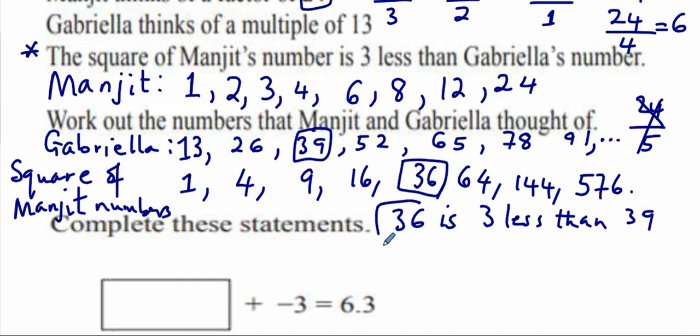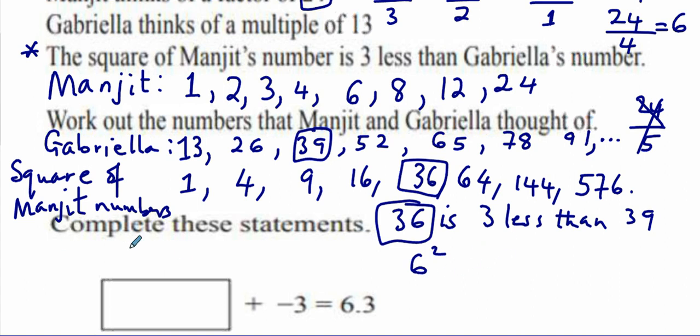But 36 is a square of which number? 36 is a square of 6. So the question is, work out the numbers that Manjiti and Gabriela thought of. So what is the idea?